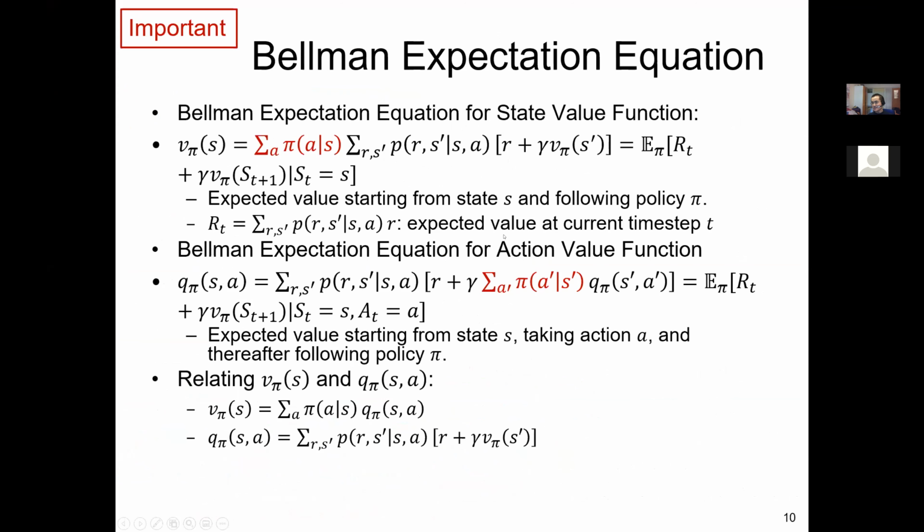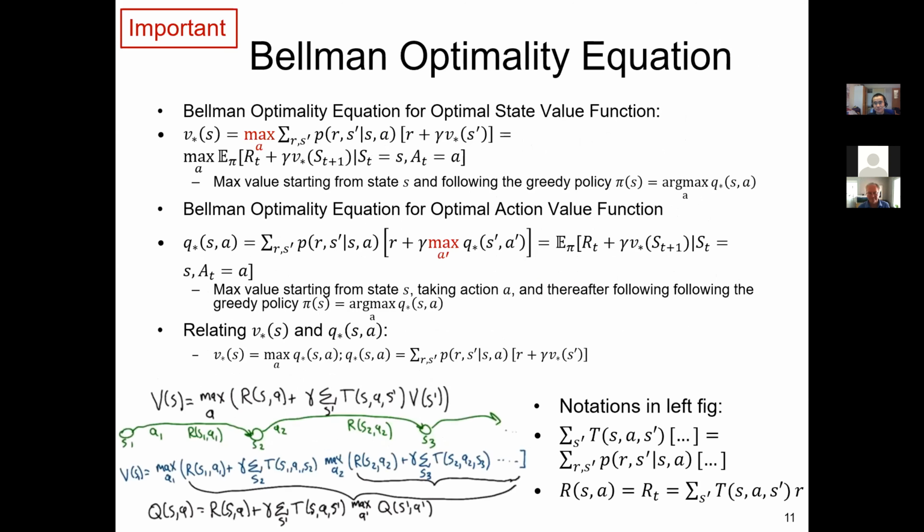So Bellman expectation is taking the expectation over all possible actions to calculate the value function, whereas the Bellman optimality equation is doing a max to find the optimal value functions.